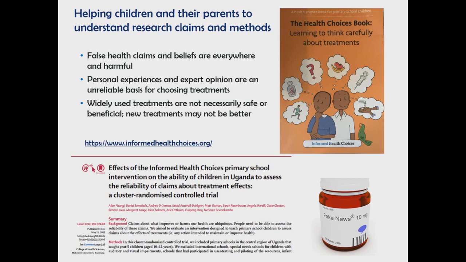And of course, this is tremendously important, particularly now as the rise of anti-vaccination sentiment is sadly growing around the world. The public and young people need to know how they can tell what is fake news and what is good evidence. So these researchers did a fantastic trial.